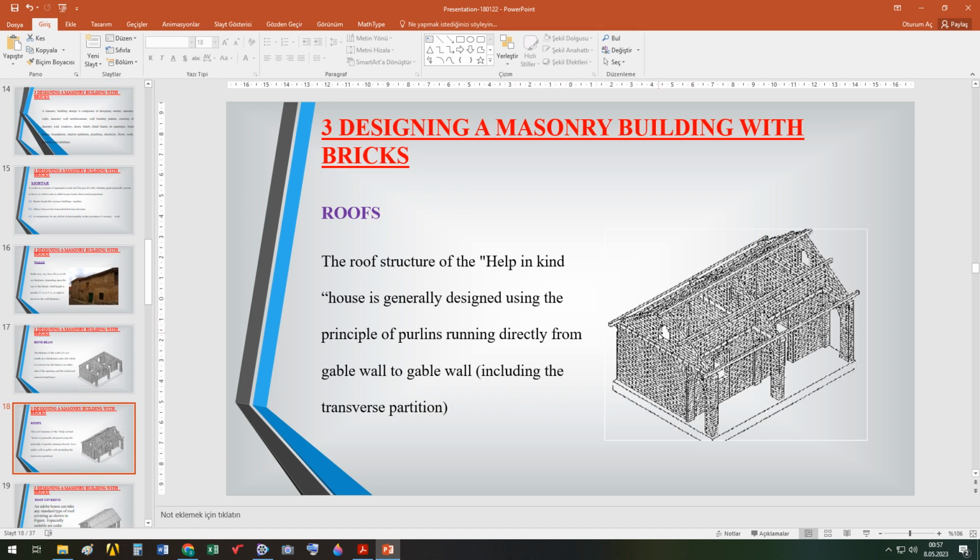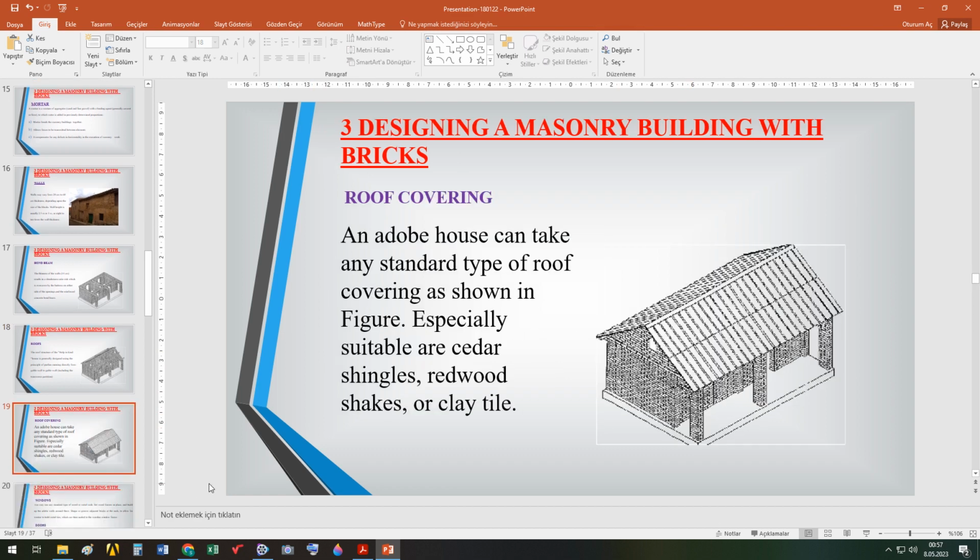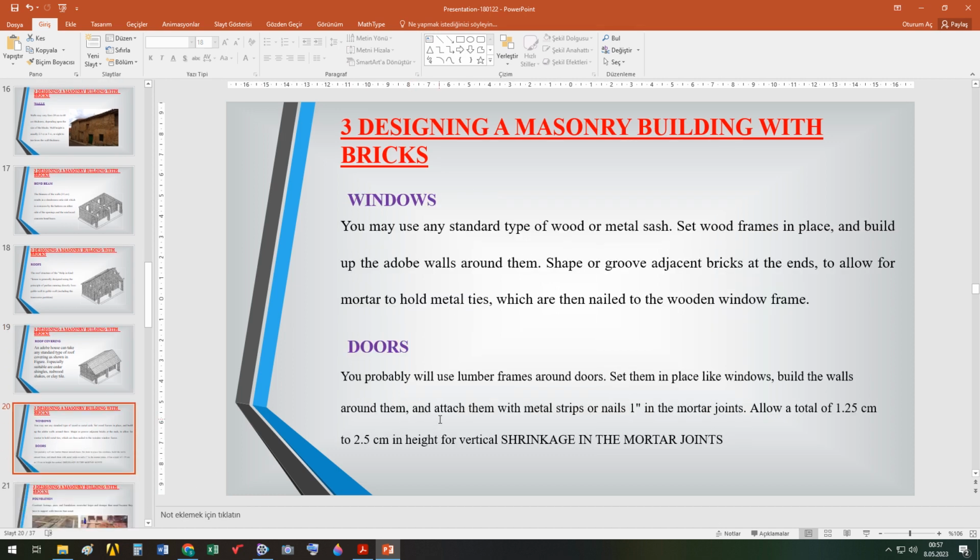Roof may be a gable roof, but I prefer, instead of making a gable roof, to build a flat roof. Roof covering can be made from traditional roof covering materials, as they are used in concrete or steel structures.